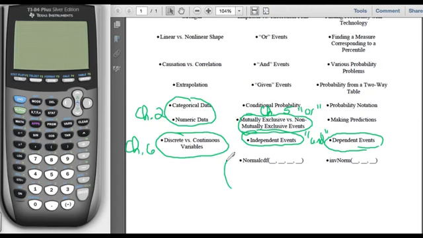There's only one formula you need for this next test, and it refers to independent events.